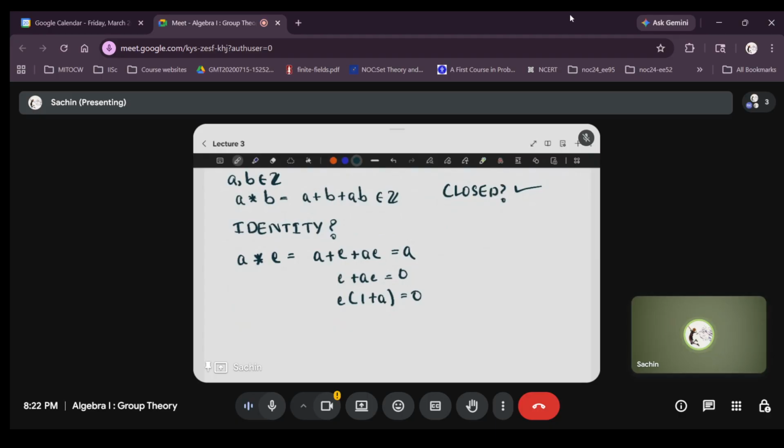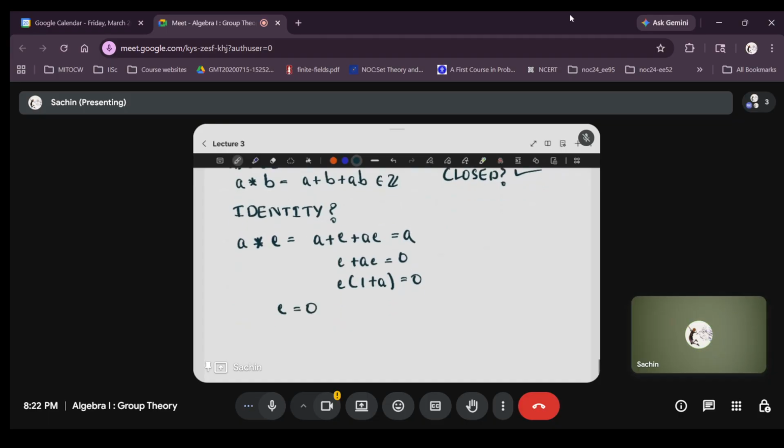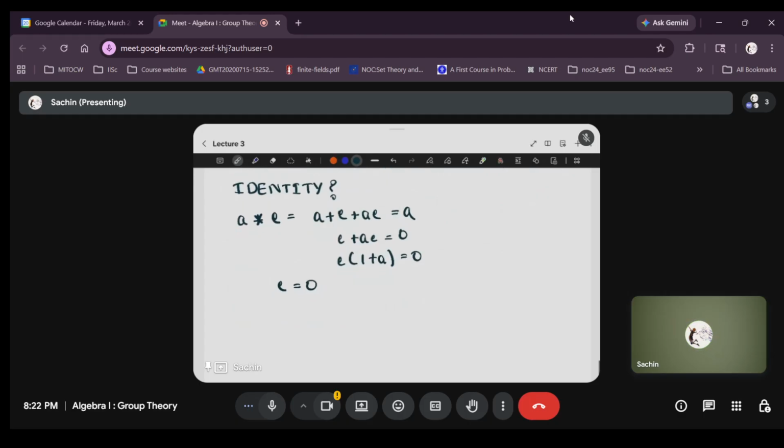So, yeah, so E equals 0. Now, A times 0 is A plus 0 plus A into 0, which is A plus 0 plus 0, which is A. We also have to check 0 times A, but that is again 0 plus A plus 0 into A, which is 0 plus A plus 0.